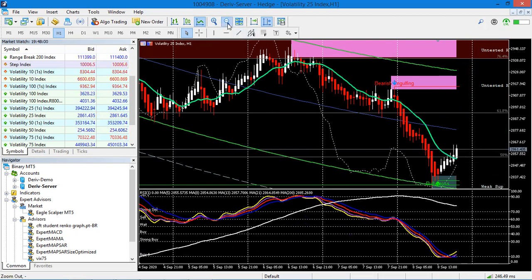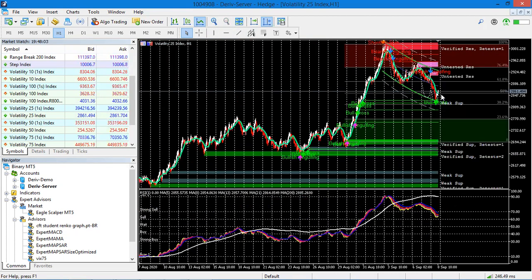Why? Zoom out. When you zoom out, you're able to see what? That no, this market has a long way to go down. It hasn't even reached the 50% level. So you must understand that.